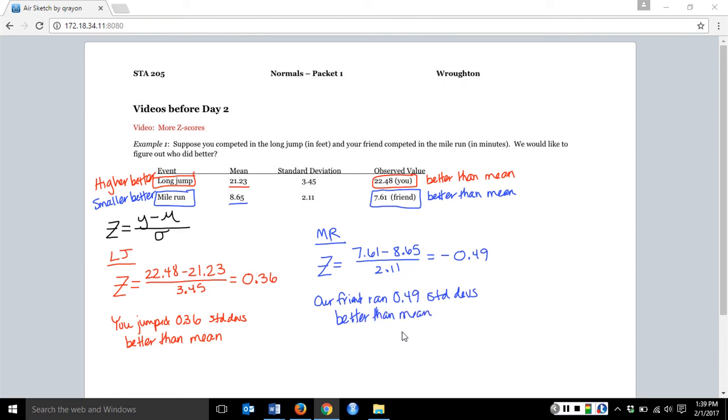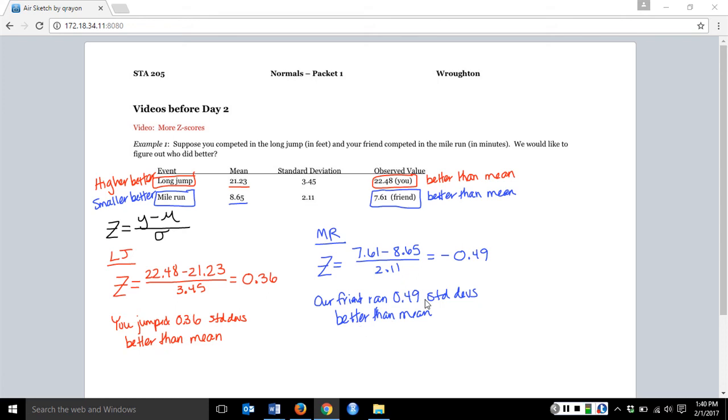That negative sign went as soon as I put the word better, because we said smaller was better. So negative actually is a better value, versus this would have been a positive 0.49. Our friend would have run much slower than the mean, or worse than the mean. So we aren't using the negative inside the interpretation when we choose the word better.